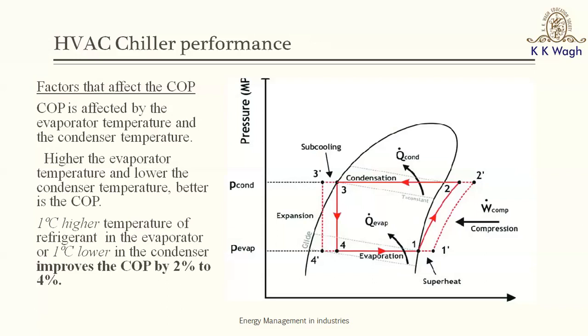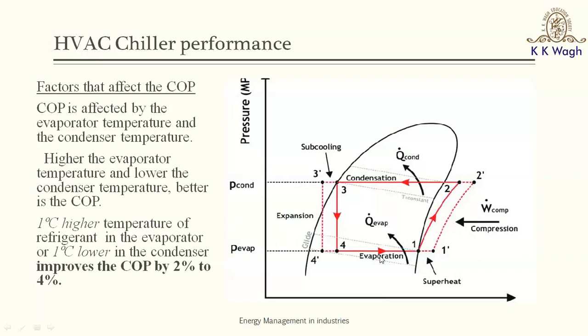As a thumb rule, you must understand that if the refrigerant temperature in the evaporator is increased by 1 degree centigrade, the coefficient of performance would improve by 2%. And if, on the other hand, you are able to lower the condensation temperature by 1 degree centigrade, you can improve the performance by 2 to 4%.